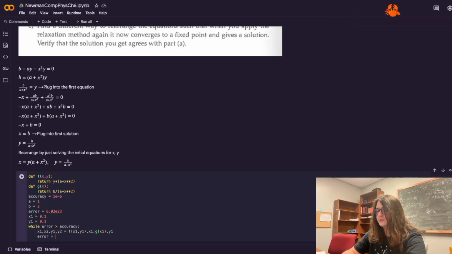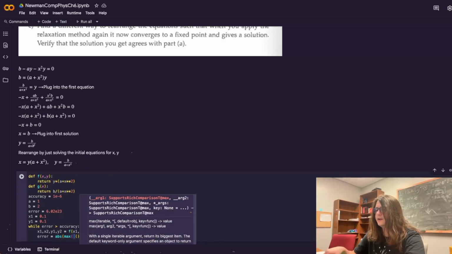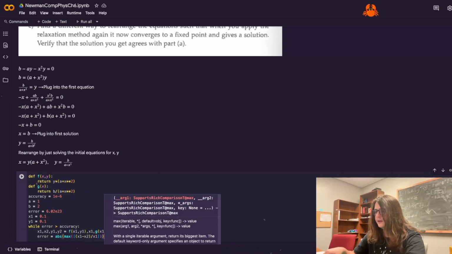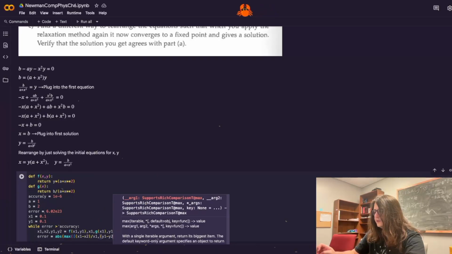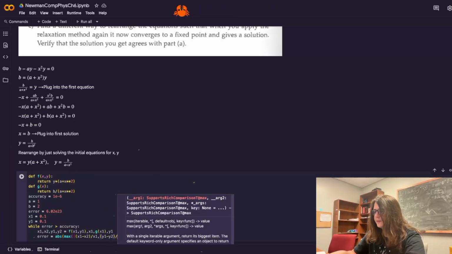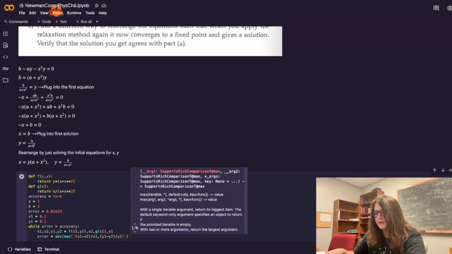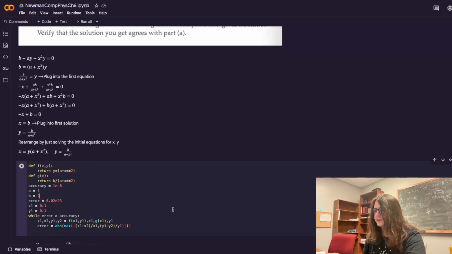And so I'm just going to use this standard error formula, which is the absolute value of the maximum of the list, which includes x1 minus x2 over x1 and y1 minus y2 over y1. Just usual percent error formulas. I think I did that right. It's just that the brackets are a funky little color. And then at the end, we can have it print out what x1 and y1 are.